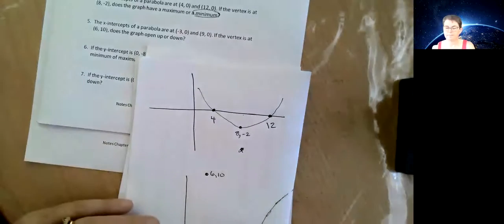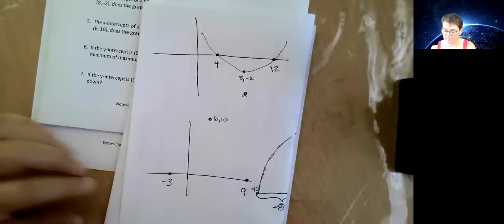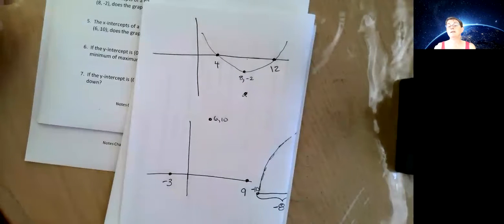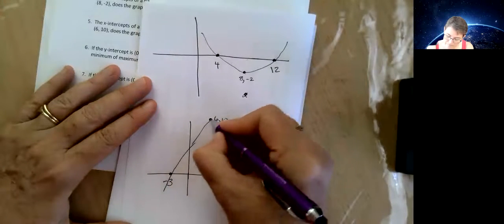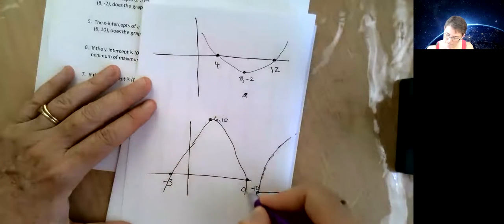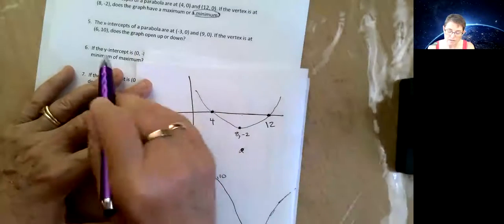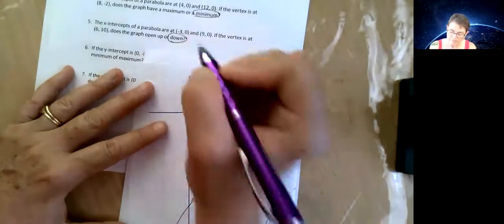By the way, if me just randomly putting numbers on a page is driving you crazy, just get out a piece of graph paper and do this. But here we go. Not too symmetrical, but enough to tell me that it has a maximum. And that's not what it asks. Does it open up or down? That opens down.